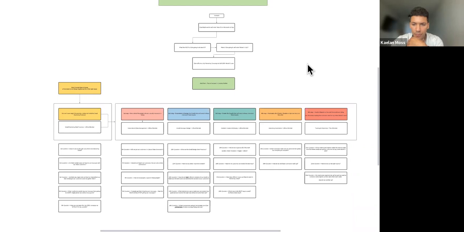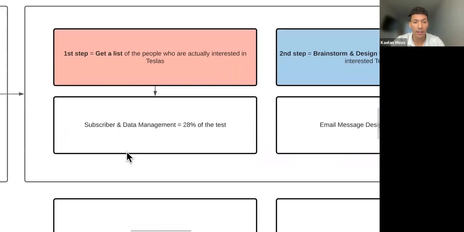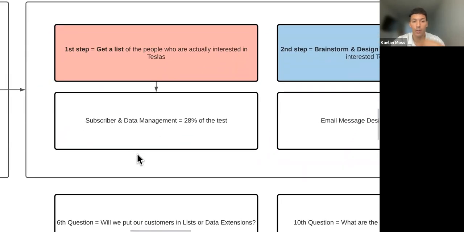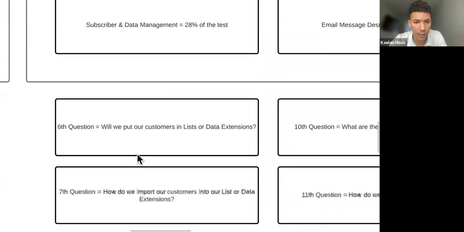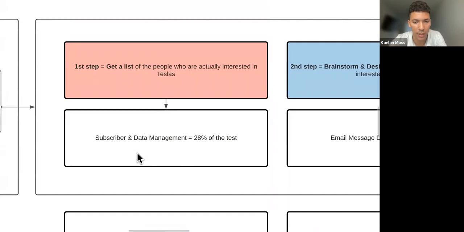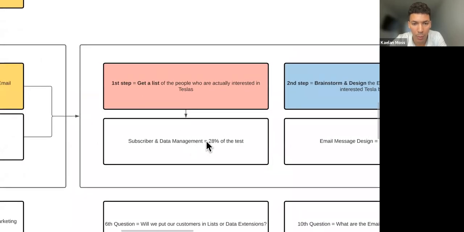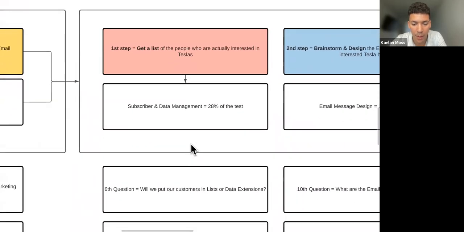Next time we meet, we're going to start going over subscriber and data management, creating some subscribers and putting subscribers into Marketing Cloud. We'll cover all of these sections right here, which is 28% of the exam. So by the next session, we should be very comfortable with 28% of the exam.